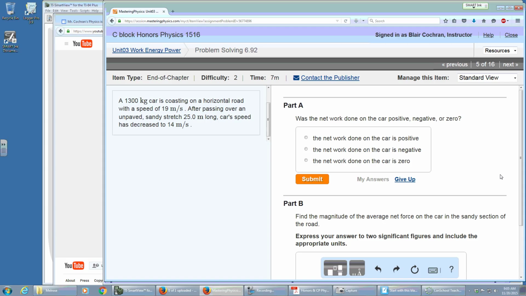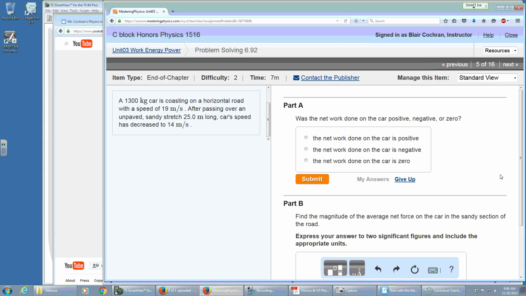So passing over an unpaved sandy stretch, 25 meters long, the car's speed is decreased. If its speed decreases, now I'm thinking, okay, its kinetic energy changes, right? Was the net work done on the car positive, negative, or zero? Let's think.